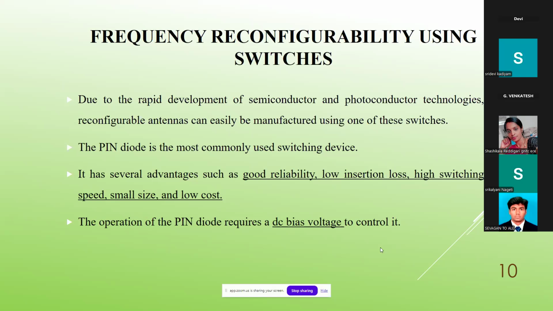Here are some advantages such as good reliability, low insertion loss, high switching speed, small size and low cost. These are the advantages over the varactor diode. The operation of the PIN diode requires a DC bias voltage to control it. So every time we are using any diode, a DC biasing voltage is a must.